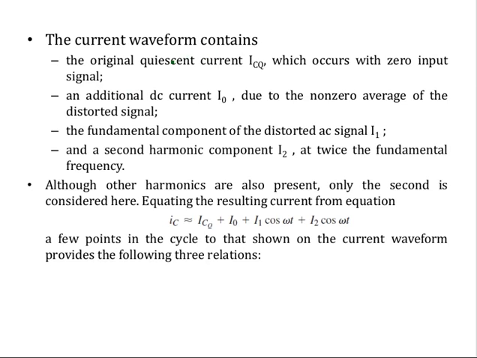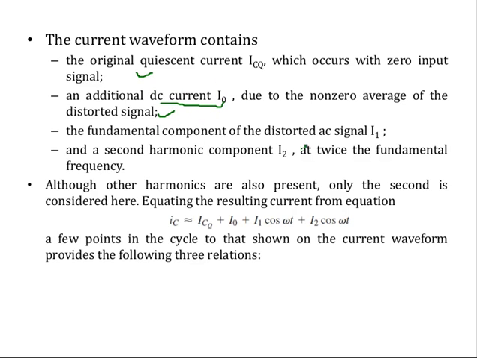The current waveform therefore contains which components? First one, ICQ, which occurs with zero input signal. This is the quiescent component, that is the DC component. An additional DC current I0 due to non-zero average of the distorted signal. If the signal is distorted, there is another additional DC component, let it be I0.